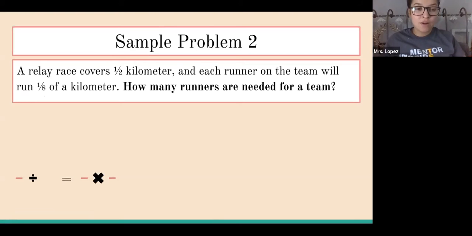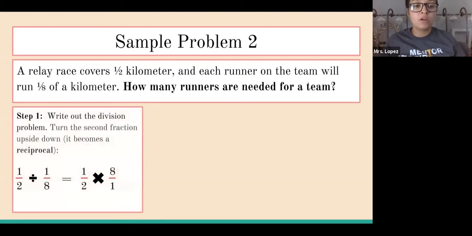Okay, welcome back. So now we should have written down our fractions in our division, and then also done the first step of flipping the second fraction. So I want you to write out the division problem and turn the second fraction upside down so it becomes its reciprocal.